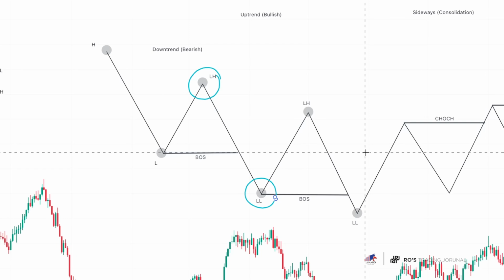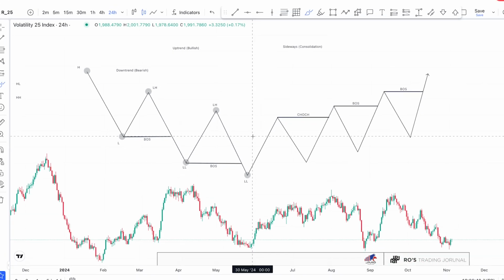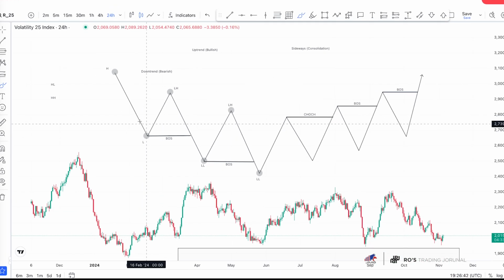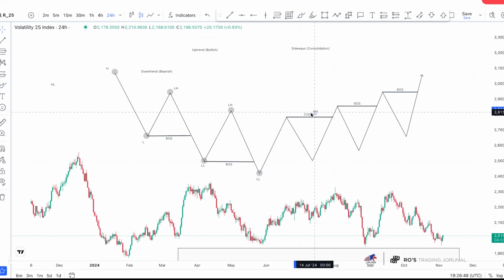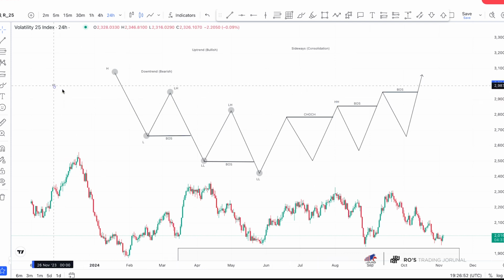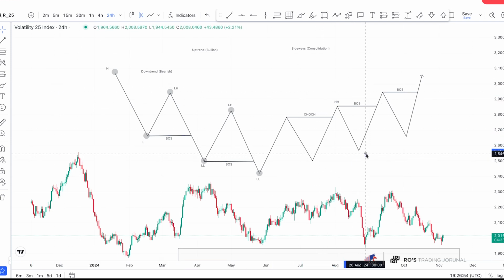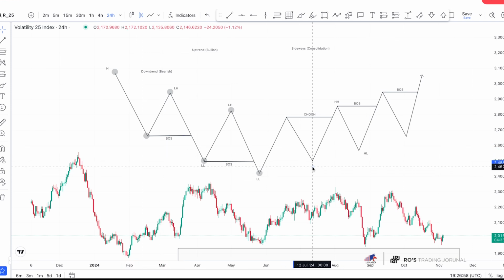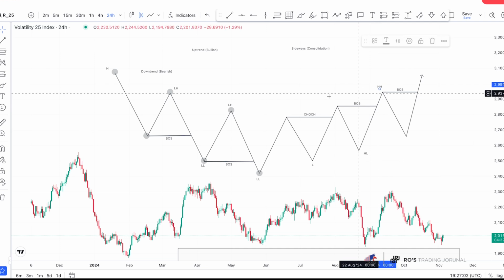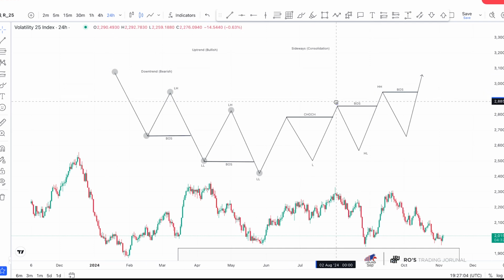Now, how do you know when you're in an uptrend? You must have a higher high, and you must have a higher low, right? So say for example, this is your low, right? And then this becomes your high.